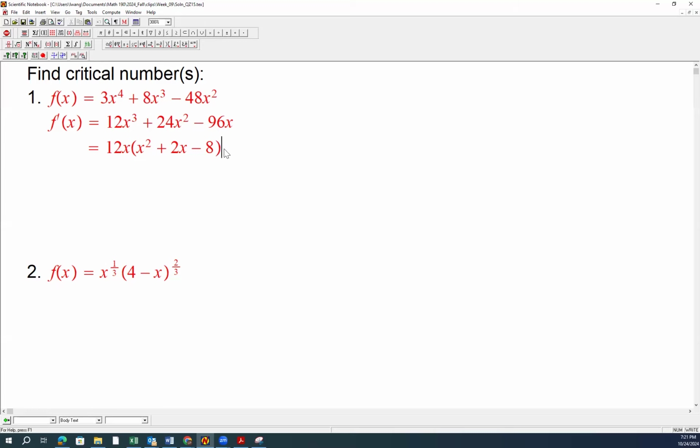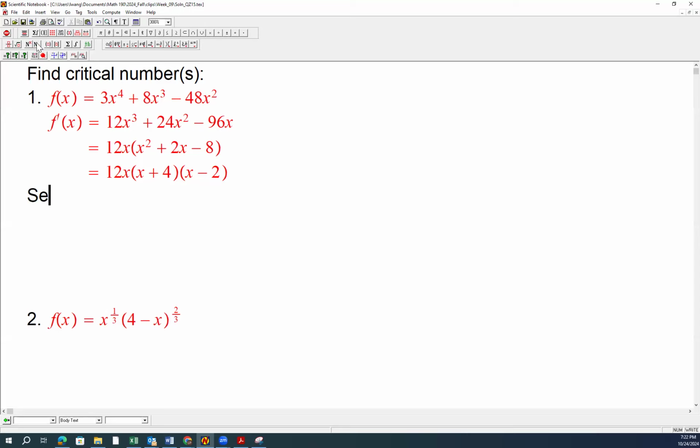Then we're going to factor more if you like. Some people stop factoring here and handle the parentheses by the quadratic formula. That is totally okay. So we got 12x, and however you factor this, it is going to be x plus 4 times x minus 2. Then we set the first order derivative equal to 0.